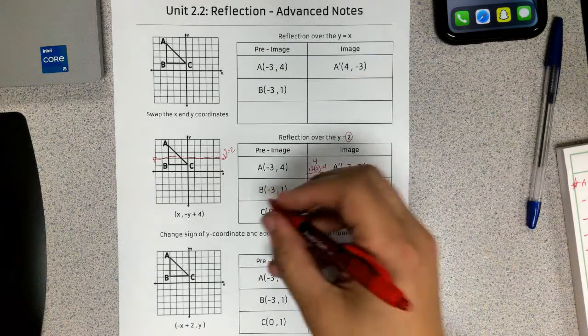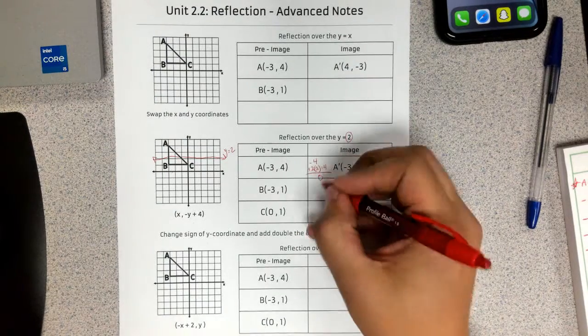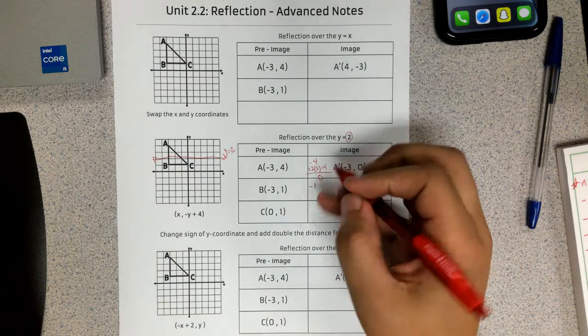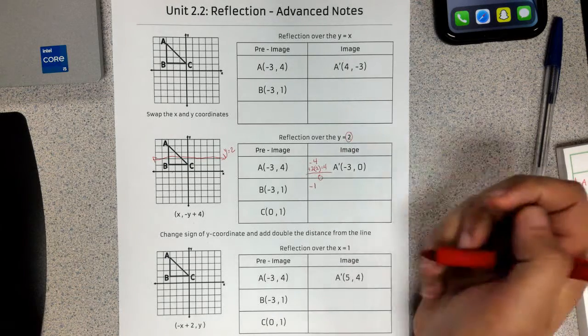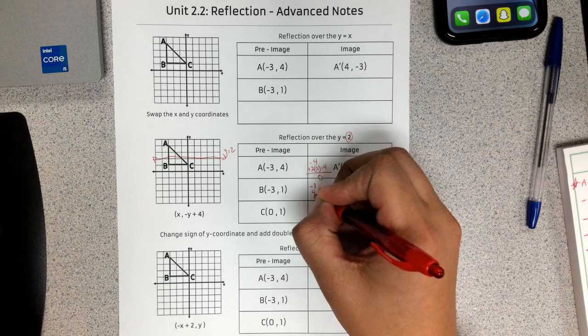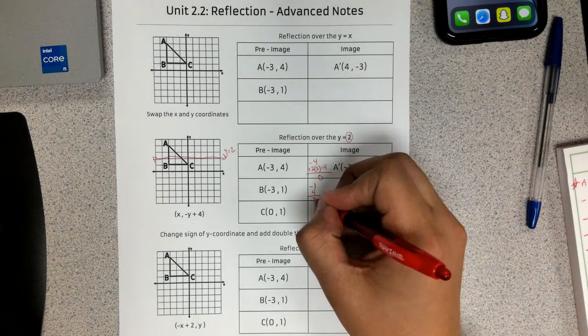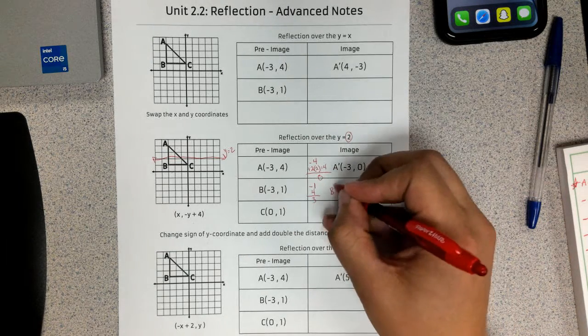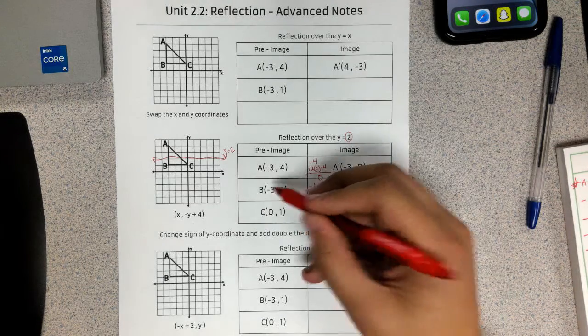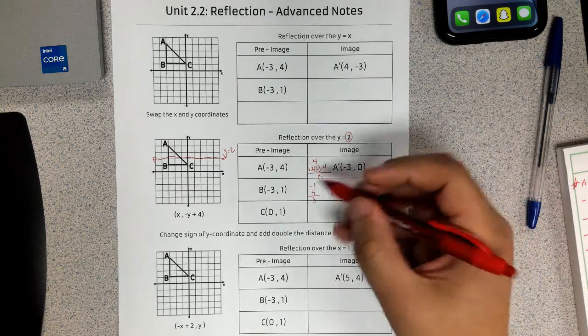Let's try this for B. So B, I changed the y-coordinate sign, so it becomes -1. And once again, I add double whatever the y equals. So I'm going to add 2 times 2, which is 4, and I end up with 3. So my B prime is going to be at -3, 3, because we don't change the x.